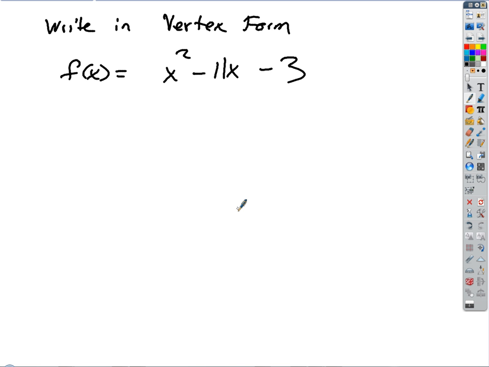Okay, what do I do? Okay, good. I write the f of x as a y. And I'm just going to isolate the x squared plus bx terms, meaning I'll get all the other stuff away from it, on the other side.